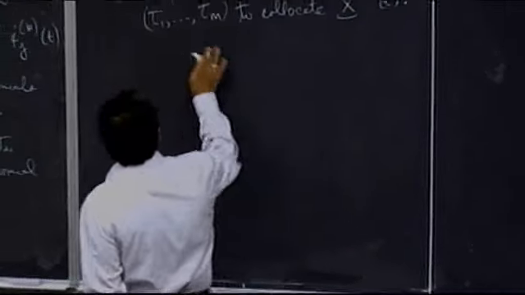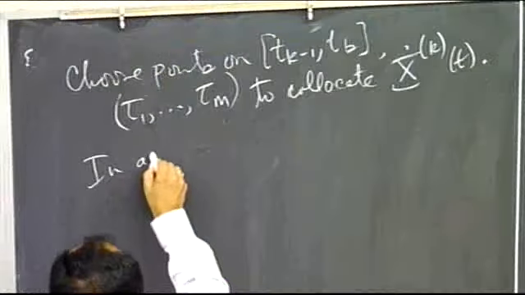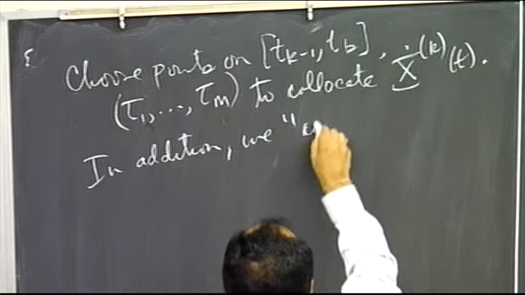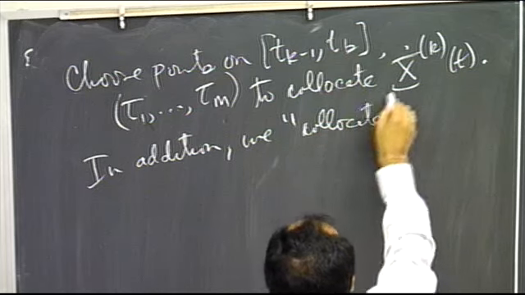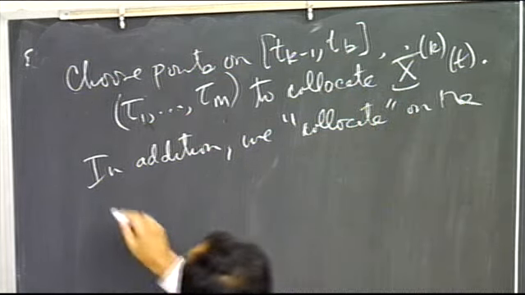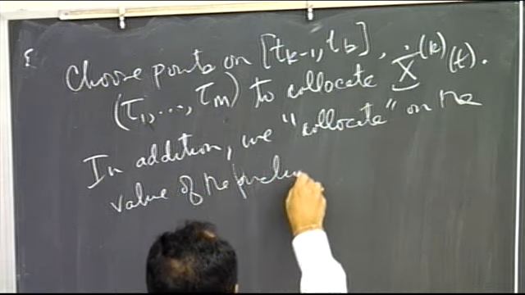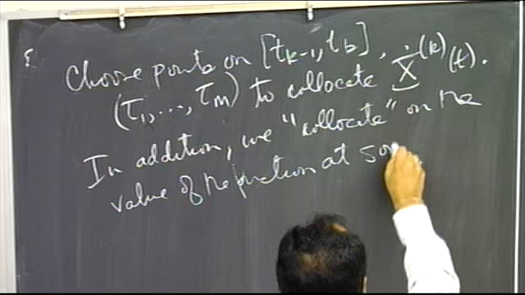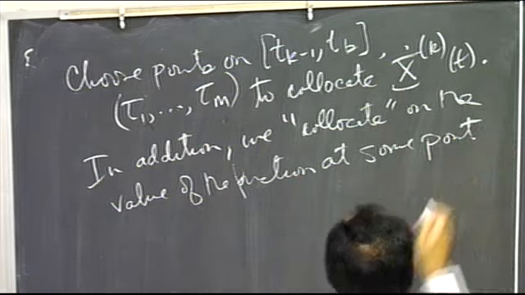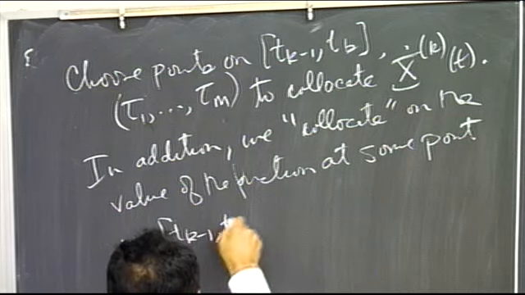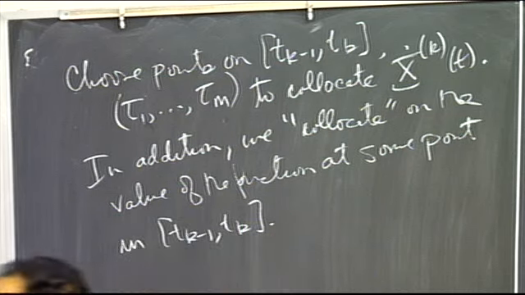So in addition, what we do, and I'm going to put this in quotes, is collocate, we're not really collocating, on the value of the function at some time point in t k minus 1 to t k. Now, if you think of this as time marching, and I'm starting here, what's the value of the function that I know?